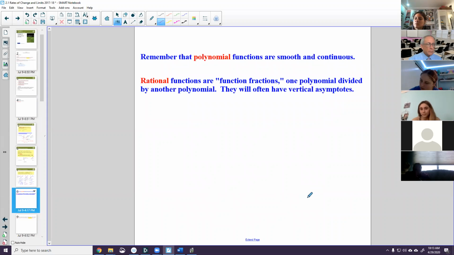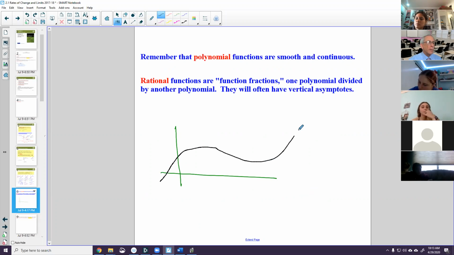Those are with lines, but if you remember the graph of a polynomial function, the graph of a polynomial function is smooth and continuous. I just want to remind you that polynomial functions are smooth and continuous.